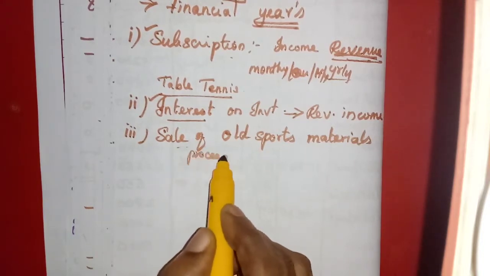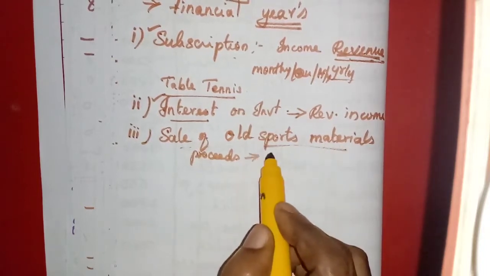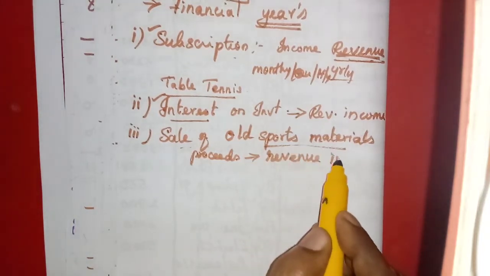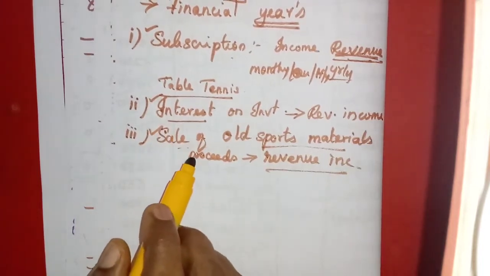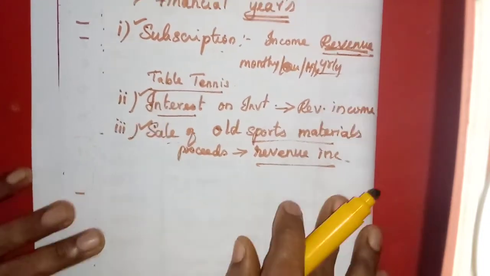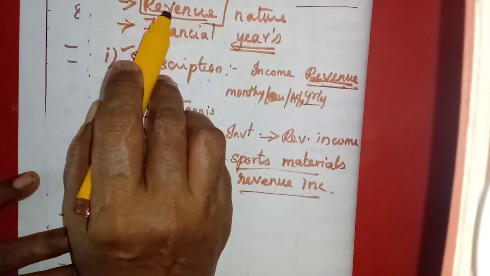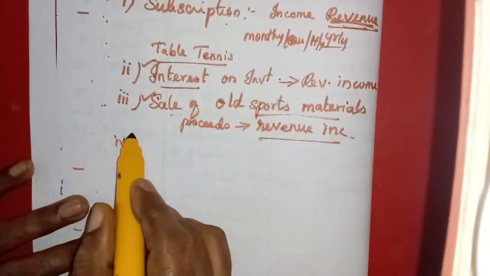The amount that they get by selling the sports materials will also be a revenue income. So this also will be included in the income side of the income and expenditure account. In this income and expenditure account, income will be credited, expenditure will be debited, that I will show. Now you understand these items.